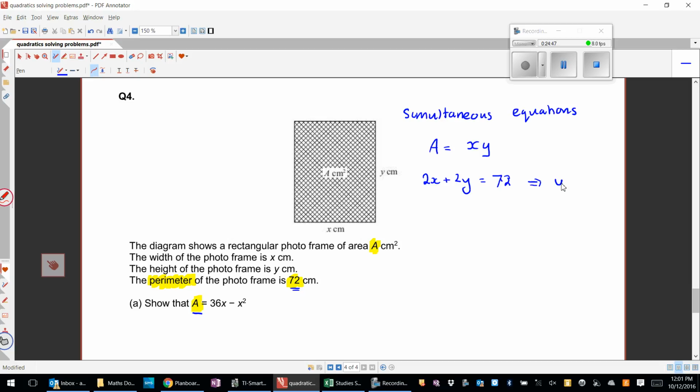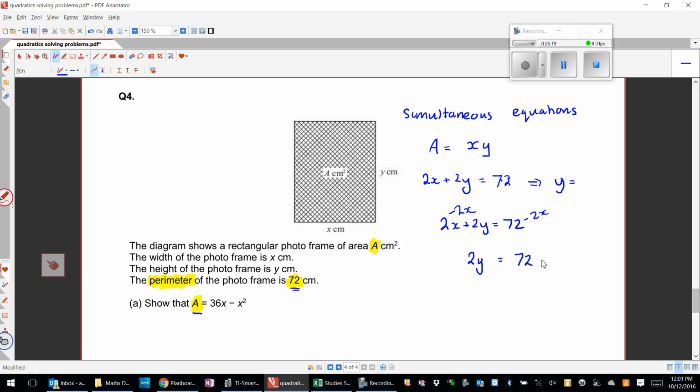So let's rearrange 2x plus 2y equals 72 to be y equals. What would you do first? Whatever I've got to x, I'll subtract 2x. So you've got 2y equals 72 minus 2x.